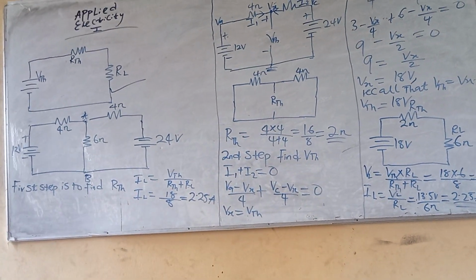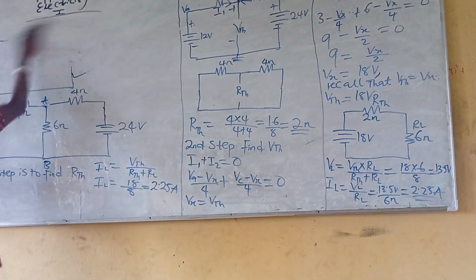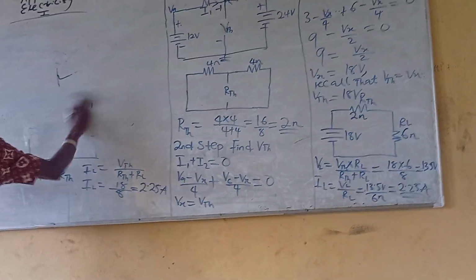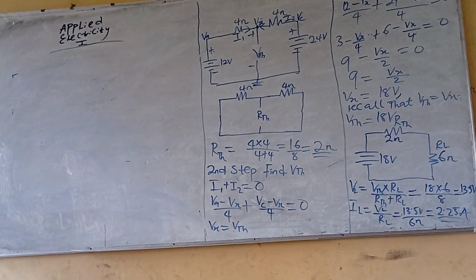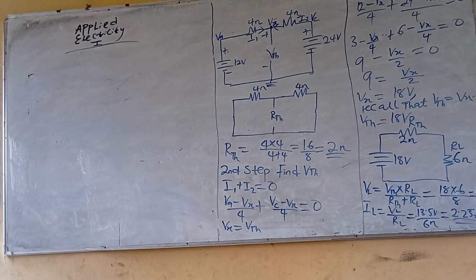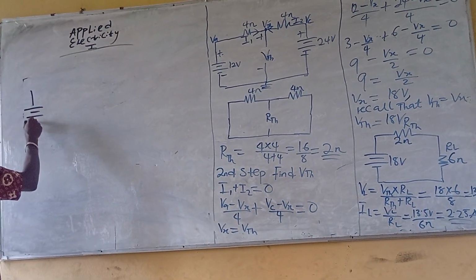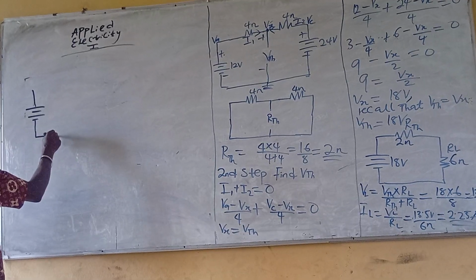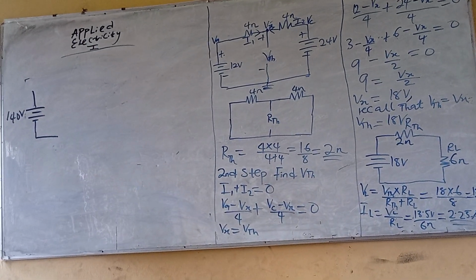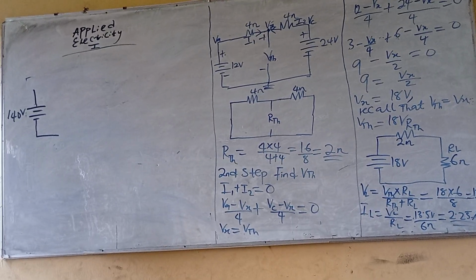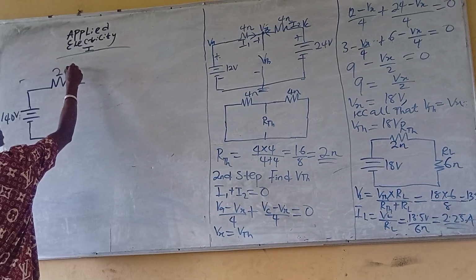So for the next question, we have here 140 volts. Then we have 20 ohms.